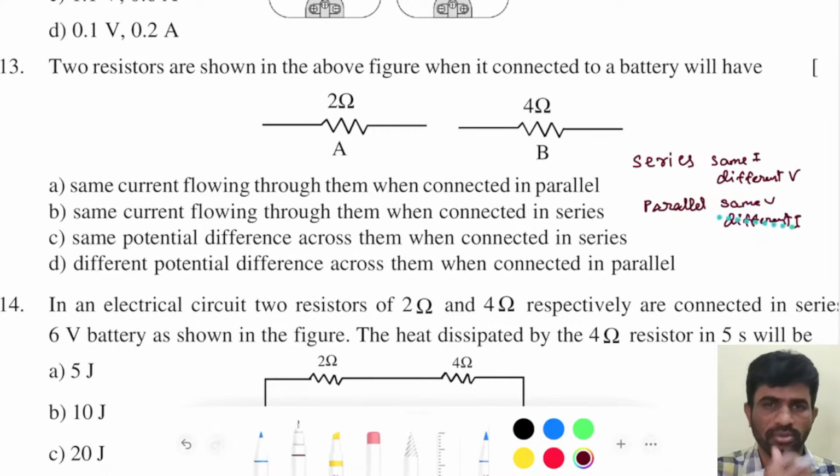Same current flowing through them when connected in parallel is wrong, because when they are connected in parallel, current will be divided. Same current flows through them when connected in series: option B is correct.